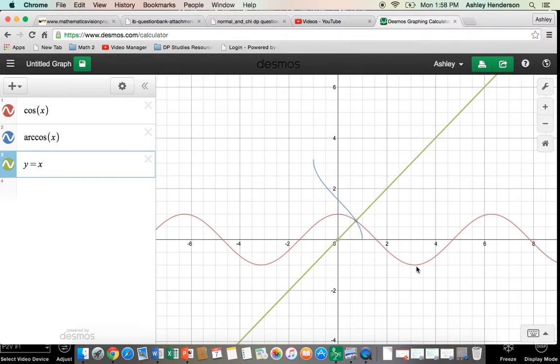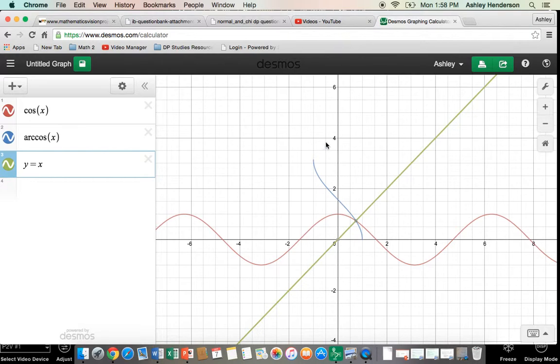And then down here they have (π, -1), and then here's (-1, π). If you were to trace this and put a mirror across, you would see these mirror each other.